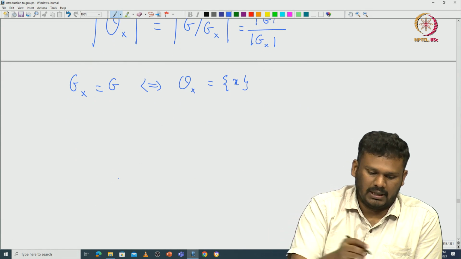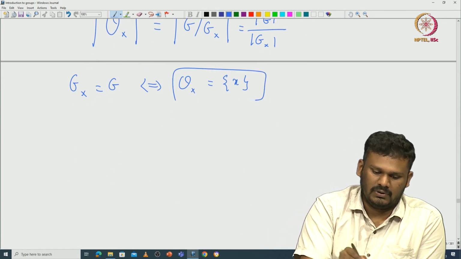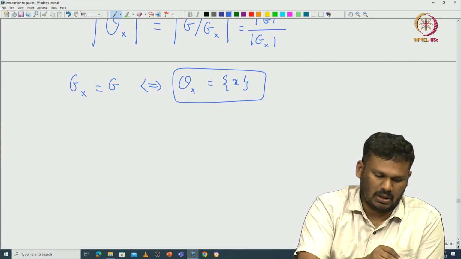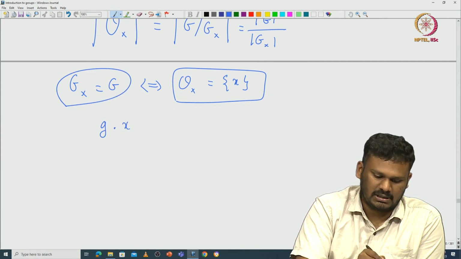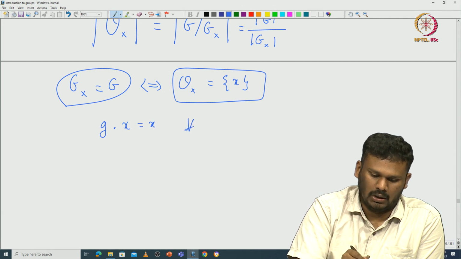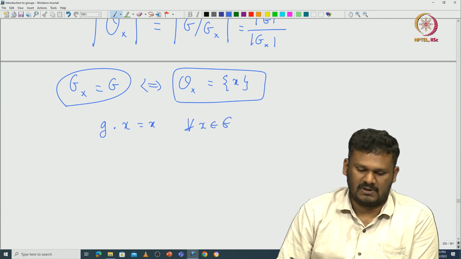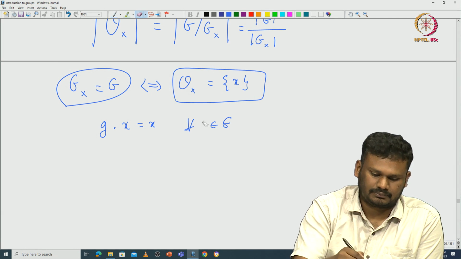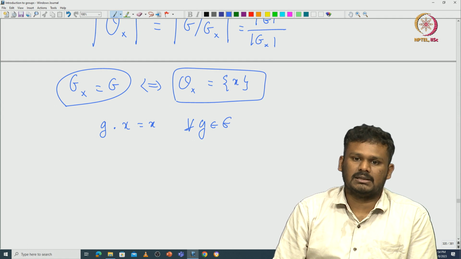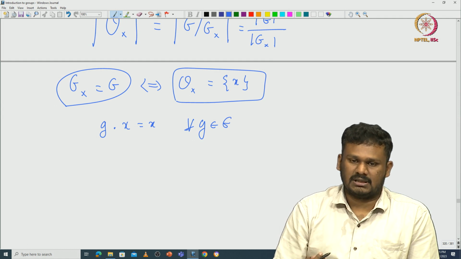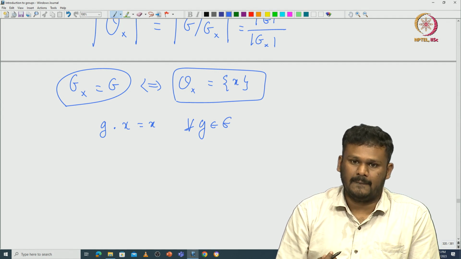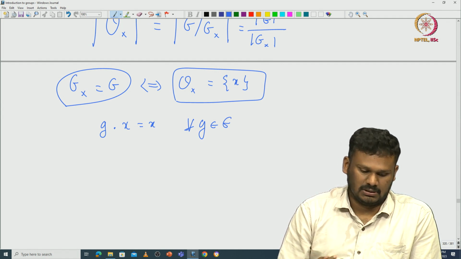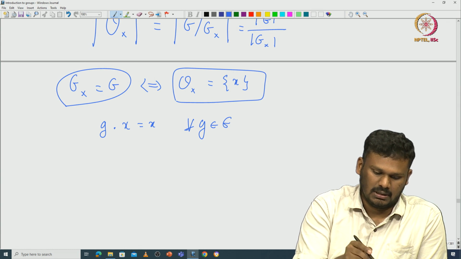So, what is the meaning of this orbit having one single element, or the stabilizer being equal to G? That means g dot x equals x for all g in G. So, those are the elements of capital X that are fixed by all elements of capital G. That is the meaning of these things.